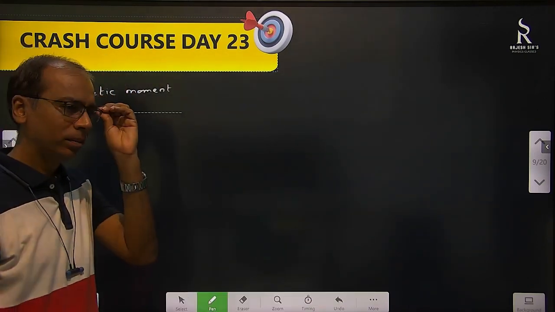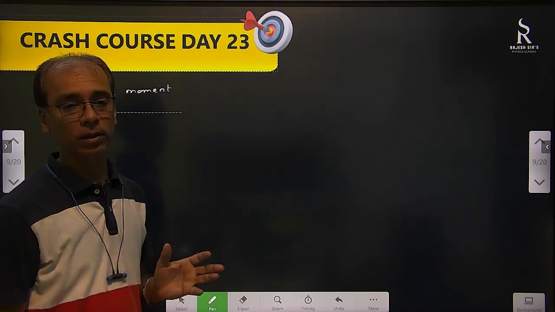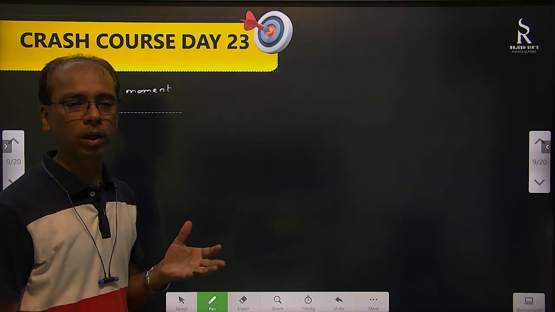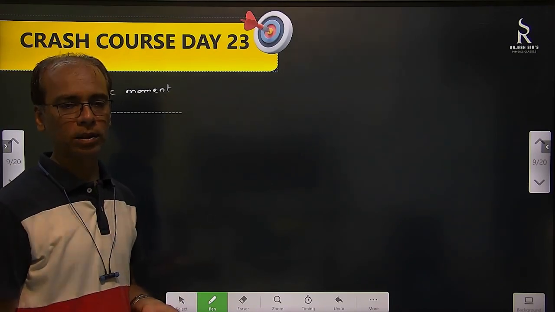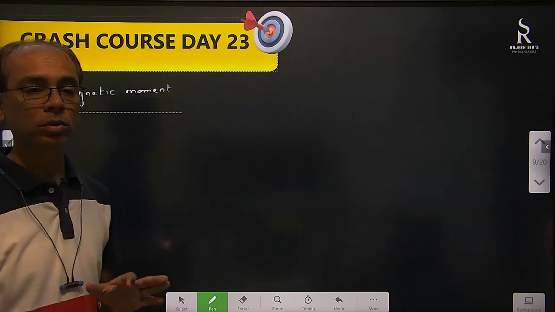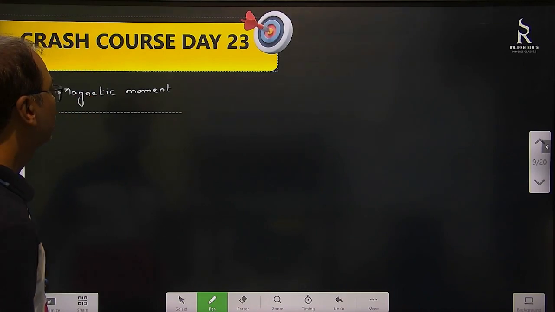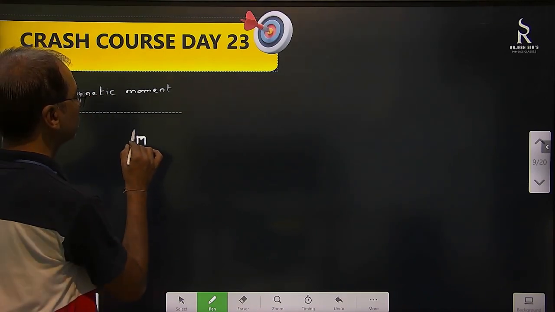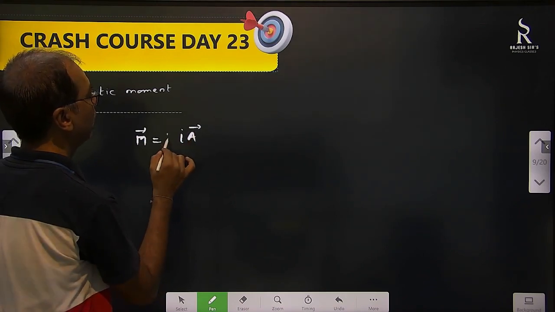But now we don't have permanent magnets in our syllabus, so we are not going to discuss that. Okay, Q into 2L, what we saw in dipole moment, here we are not going to talk about that. This magnetic moment is due to a current carrying conductor. It's not because of a permanent magnet. So this magnetic moment is basically I into A, or N I into A.